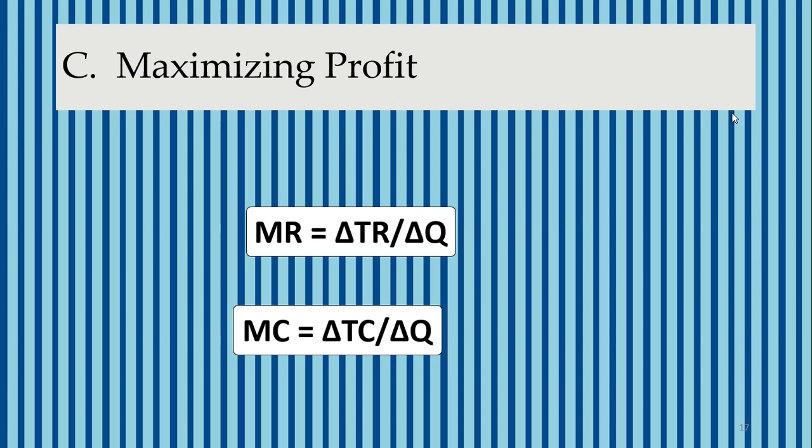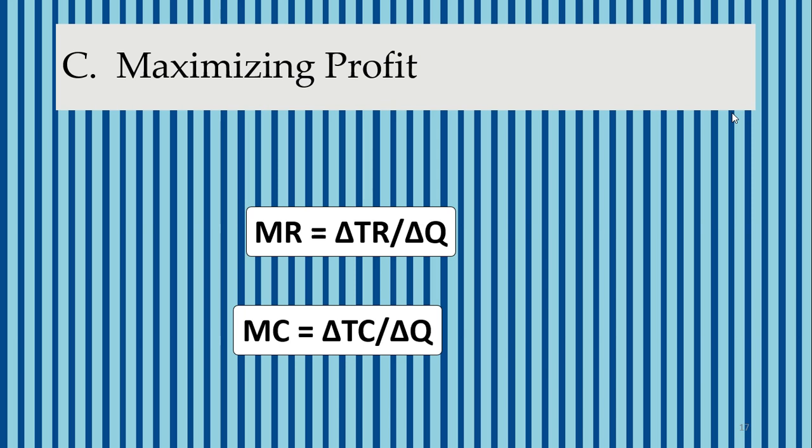But that may not necessarily be the case, because the other thing that firms have to think about, of course, is the cost of all of that. Because as you add more workers, or other resources, other inputs, you're also adding more cost. So to find that place where firms are maximizing their profit, and ultimately that's where firms want to be. What does it mean if they're maximizing it?